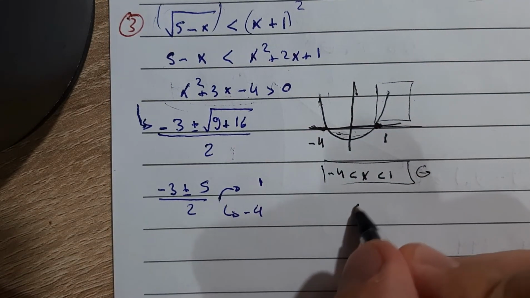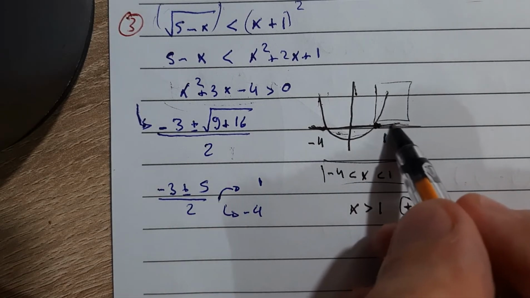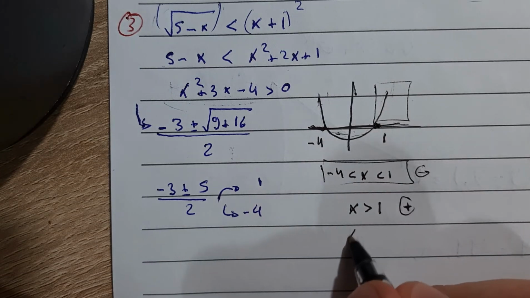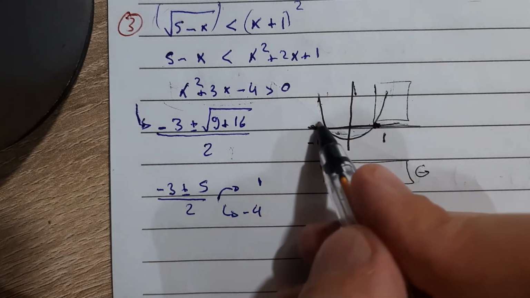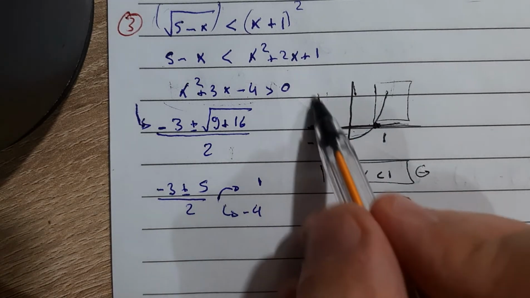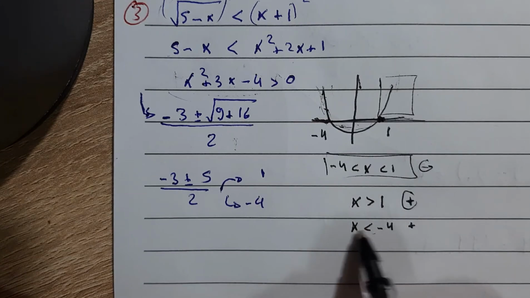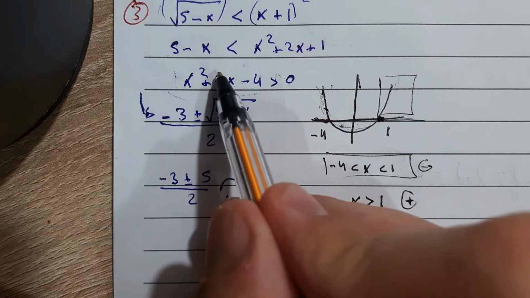We want when x is bigger than 1, because for x bigger than 1, we have a positive function, right? And when x is smaller than minus 4, we have positive numbers for the function. We have negative numbers for the x, but we have positive for the function.